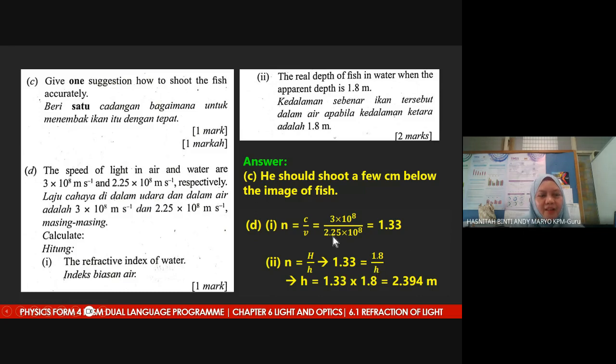Bawah real depth ke atas real depth? 1.33, H is the real depth, apparent depth. Betul ke soalan ini? 1.33 times 1.8. So 2.294. Okay, we check back the equation for real depth and apparent depth. Any mistake there? Can you check? The calculation correct for real depth and apparent depth?